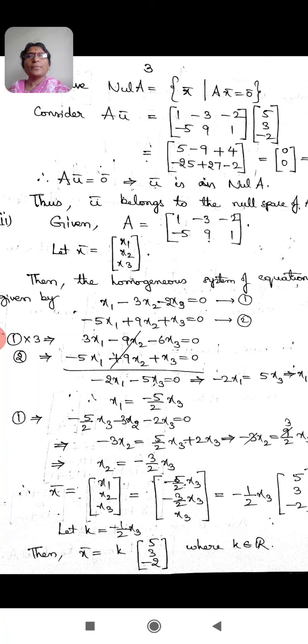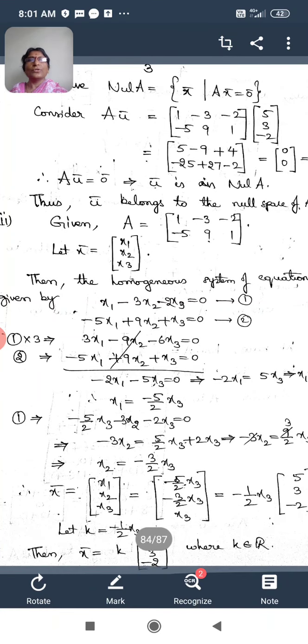So, u bar belongs to null A, or u bar will be in the null space of A, if and only if it satisfies the matrix equation A x bar is equal to 0 bar. That is why I want to see whether the product A u bar gives us the zero vector 0 bar.